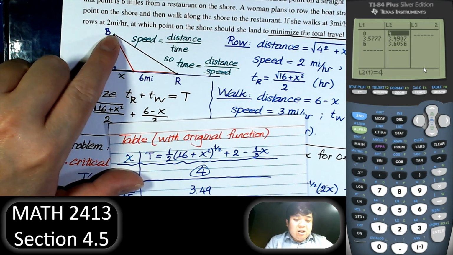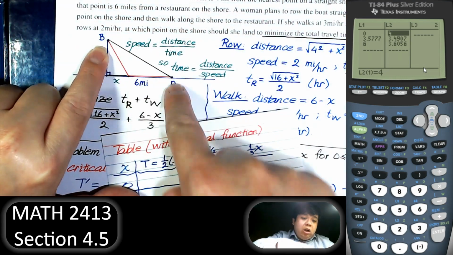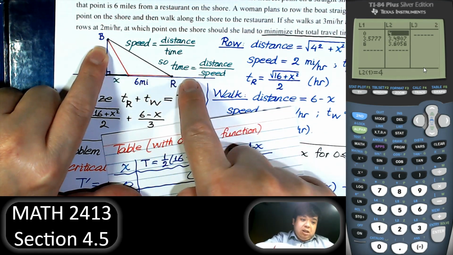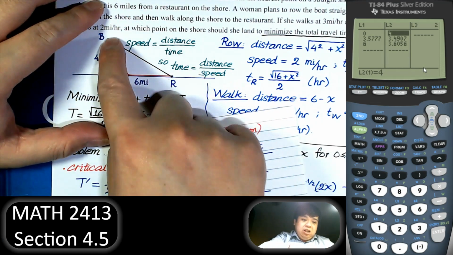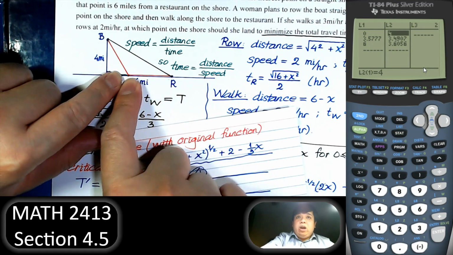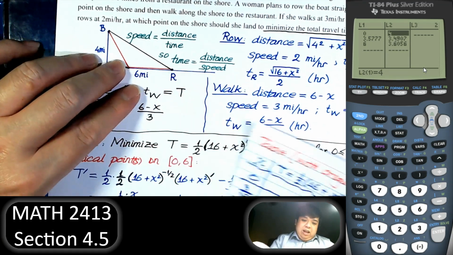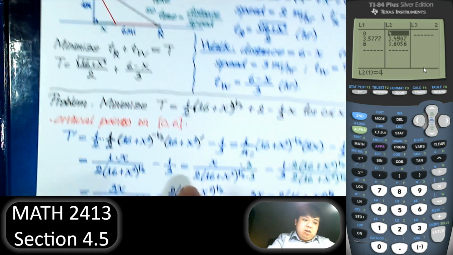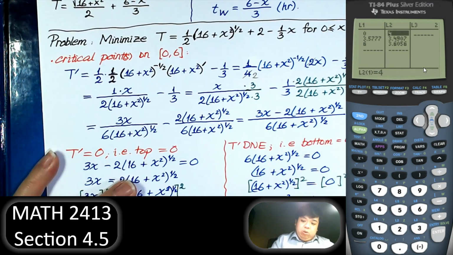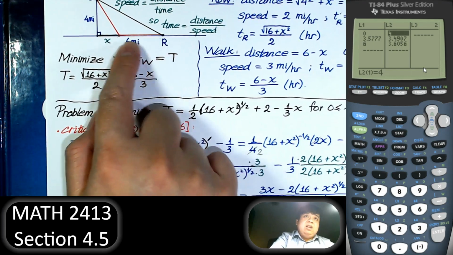So the shortest distance from the boat to the restaurant, of course, is going to be straight. But the shortest distance does not result in the shortest time. The shortest time is rowing for a little and walking for a little. And in this case, this shows that it has to be that much. And so she will walk about 2 miles something.